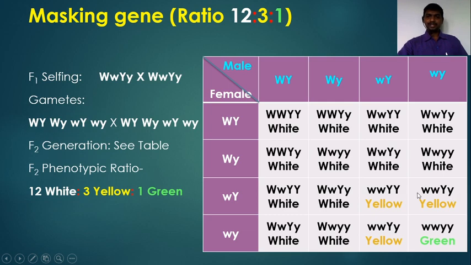So here the genotypes small w w capital Y Y and small w w capital Y small y give the yellow individual. This third one is also similar to this second one. So the three individuals have the genotype of small w w and a dominant Y allele, because of which it produces the phenotypic expression of yellow color.